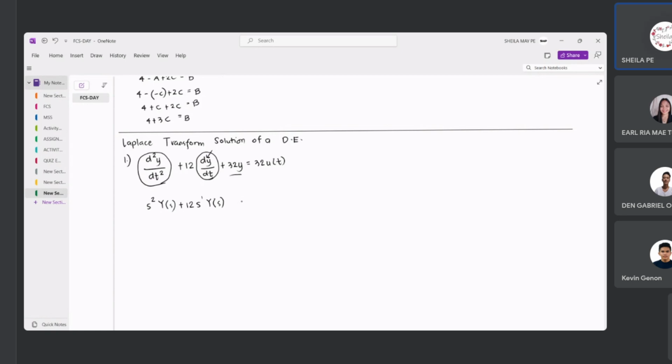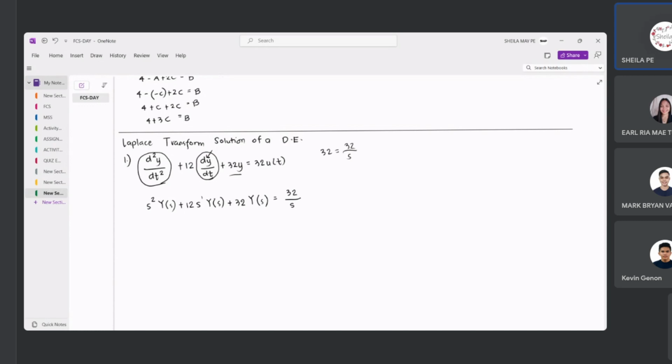Now we have 32y, which is just 32 y of s, equal to our 32u of t. What's the Laplace transform? 32 is 32 over s. So that's 32 over s. From the time domain, we converted it in terms of the Laplace transform.